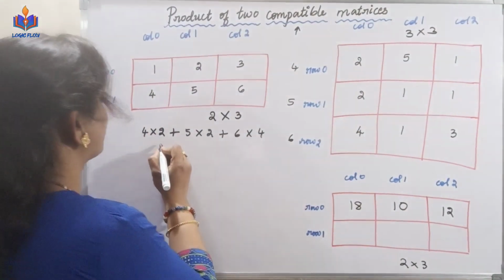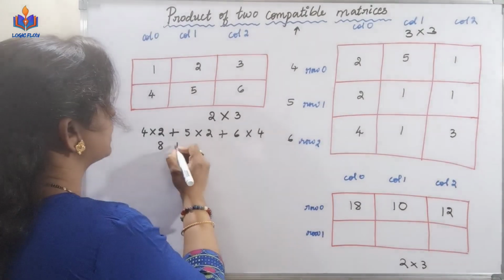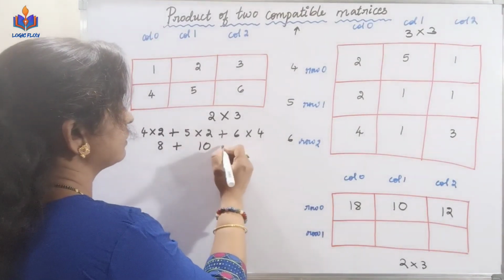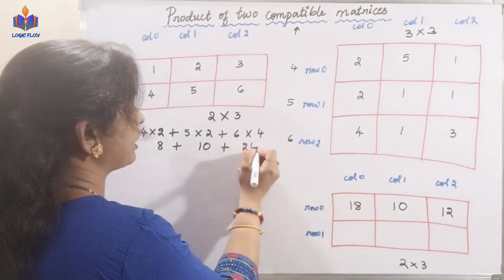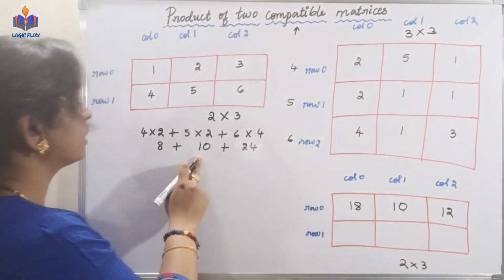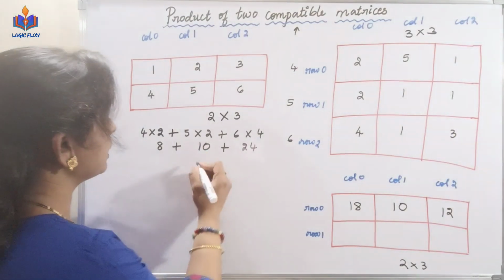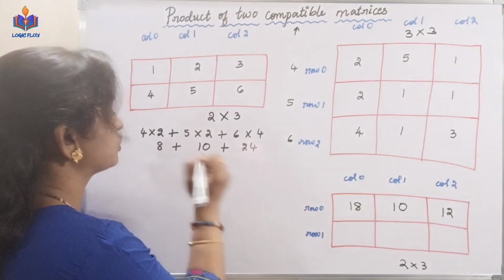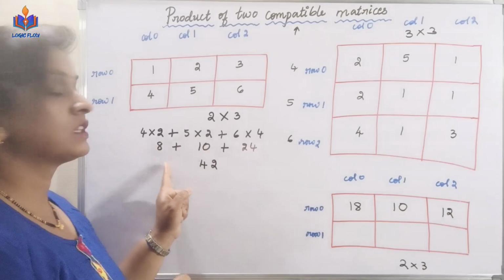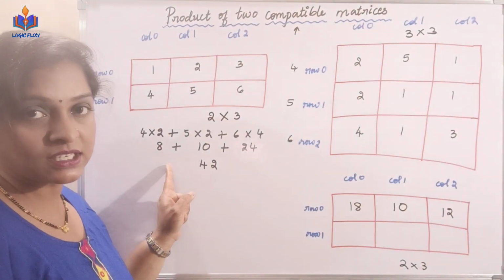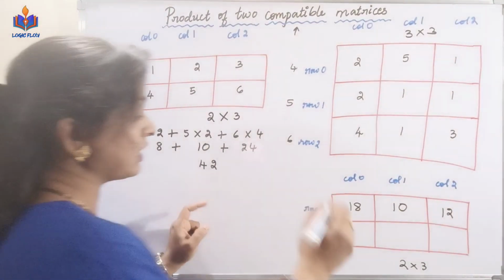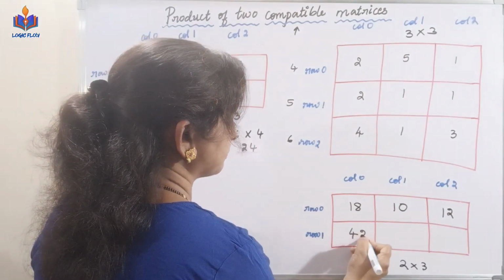So it is 4 into 2, 8, plus 5 into 2, 10. 6 4s are 24. 24 plus 10, 34. 34 plus 8, it is 42. That I have to store here.